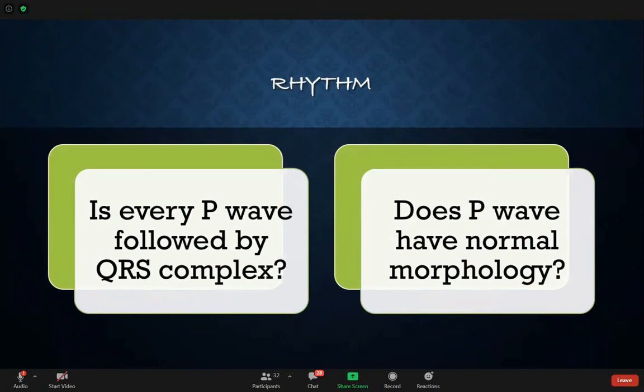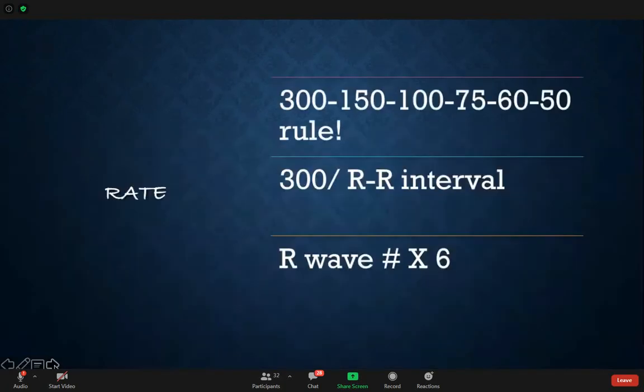Is it sinus or not? How do I know? Is every P wave followed by a QRS, and does the P wave have a normal morphology? It's simple: you look at lead 2, and if the P wave has a normal shape, with duration less than 2.5 and amplitude less than 2.5, and every P wave is followed by a QRS, then you have a sinus rhythm.